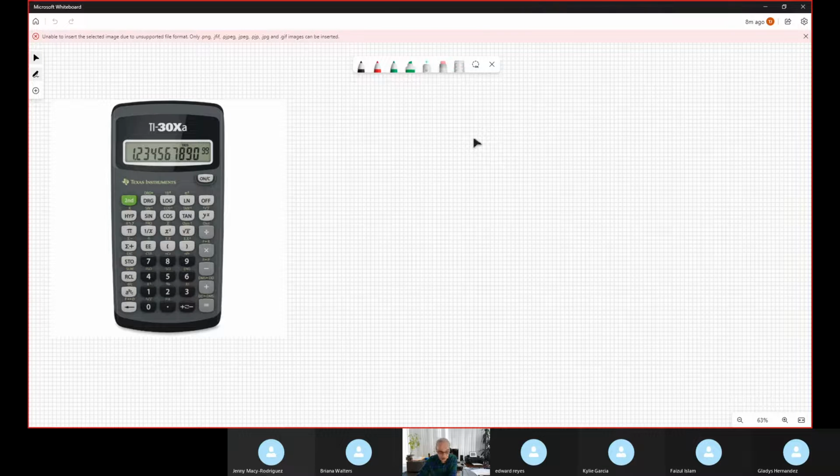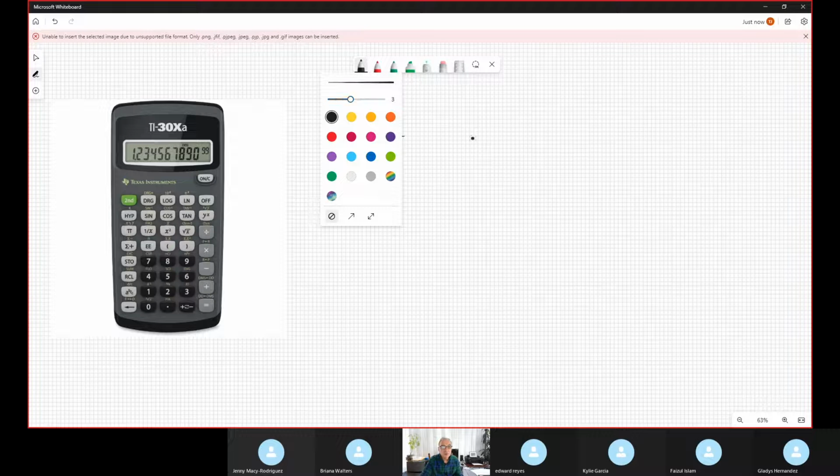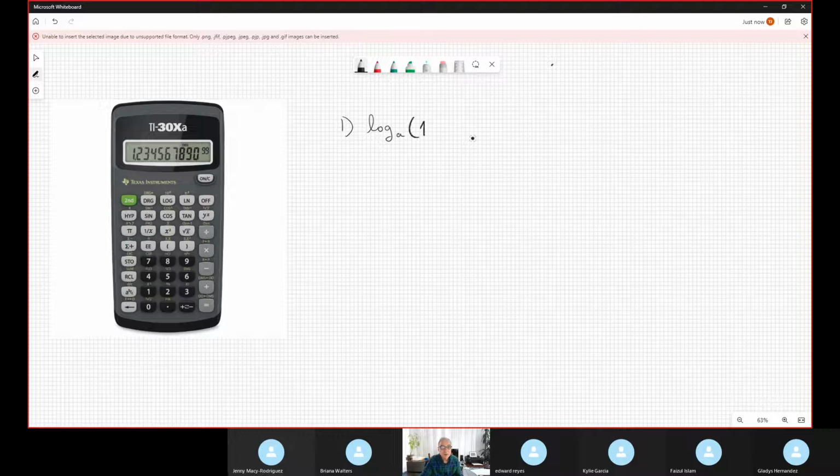So let me recall again the complementary properties that we studied last class of the logarithmic functions. The first one is logarithm of any base of 1 is always 0, regardless of the base.